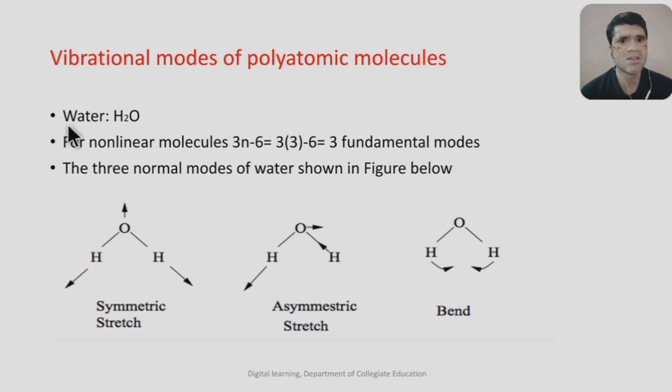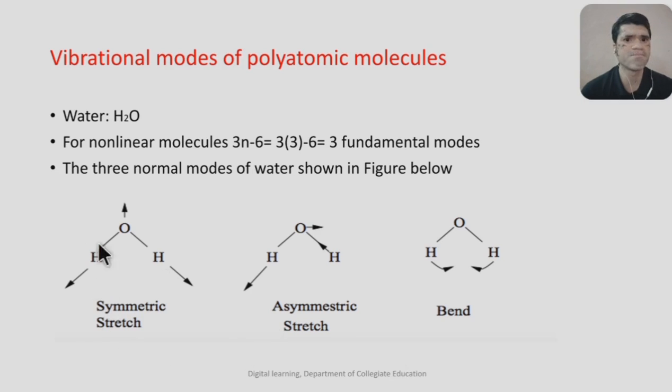Take the water molecule, which has a bent structure, so it is a non-linear molecule. 3 into 3 minus 6 is equal to 3 fundamental modes of vibration. Here one is symmetric stretching, one is asymmetric stretching, and one is bending.